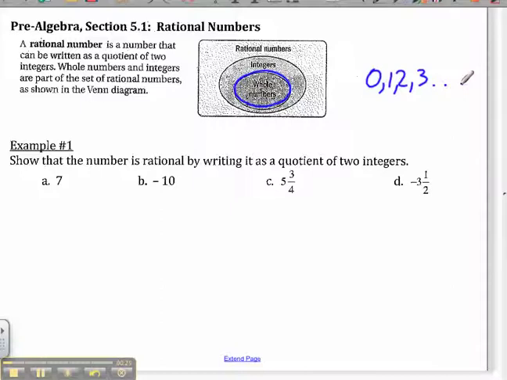Now, this next circle, which includes all of the whole numbers, these are the integers. They're the whole numbers and their opposites, like -1, -2, dot, dot, dot, forever in the direction to the left for the negatives. So integers are whole numbers plus their negatives, or their opposites.